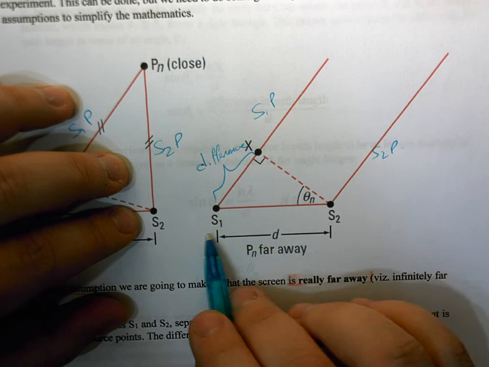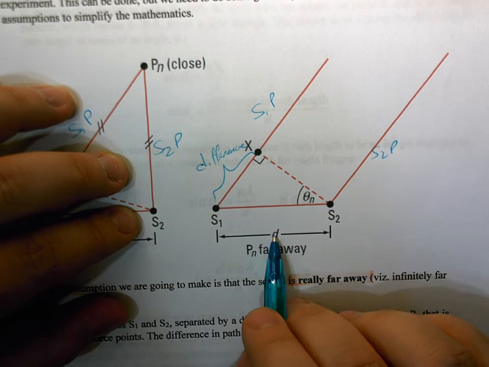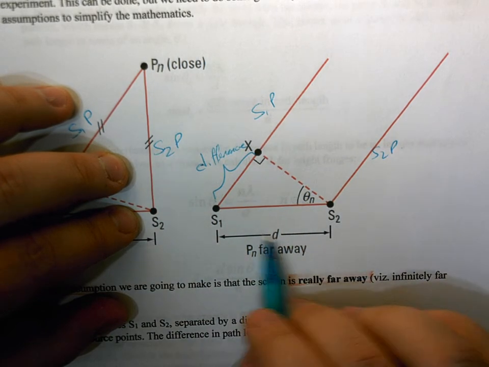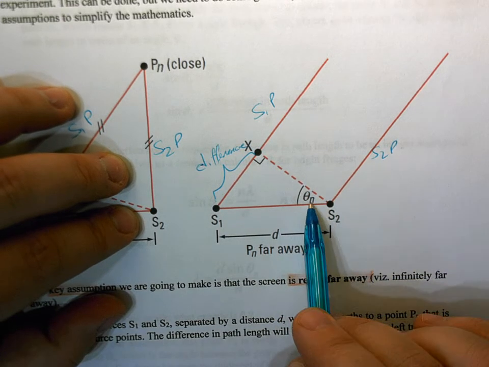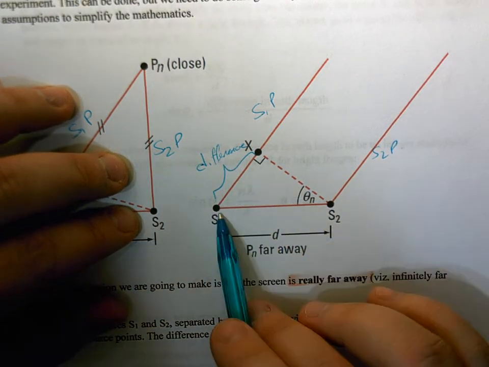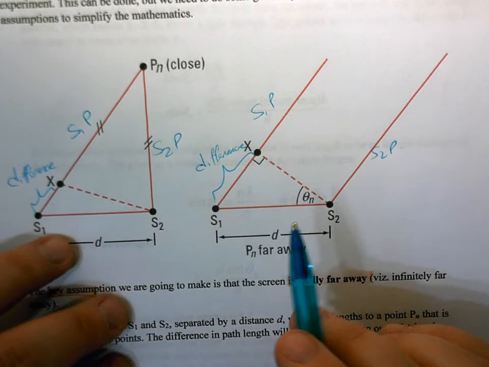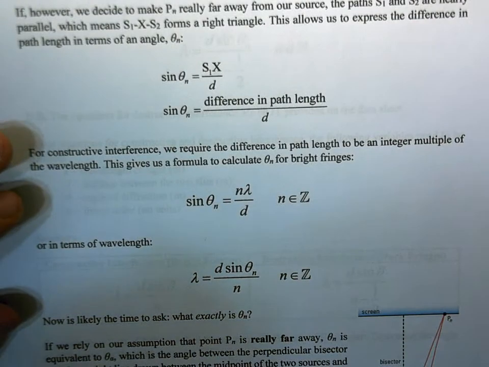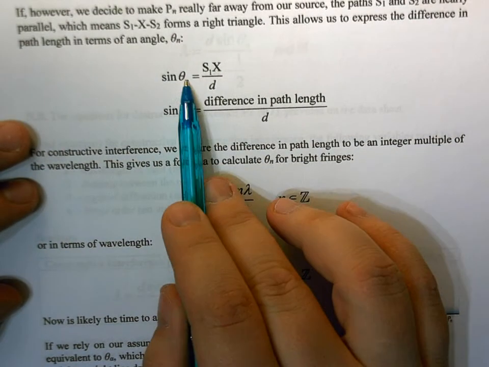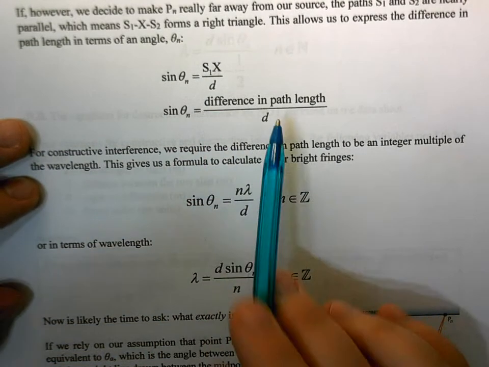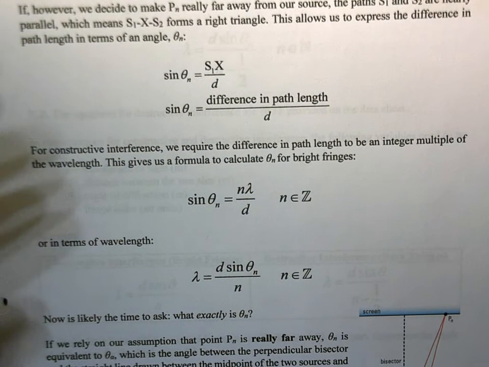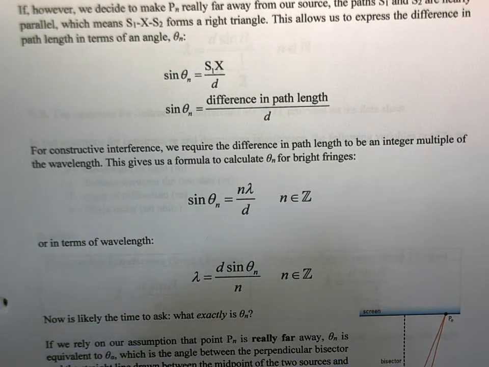This distance between the slits is my hypotenuse. So I have an opposite and a hypotenuse. So I know the sine of this angle is equal to the difference in path length divided by the distance between the slits. And that's what we've put in here. So the sine of that angle is equal to S1x divided by d, or that difference in path length over d. Now, if you've gotten to this point, you're doing really well.